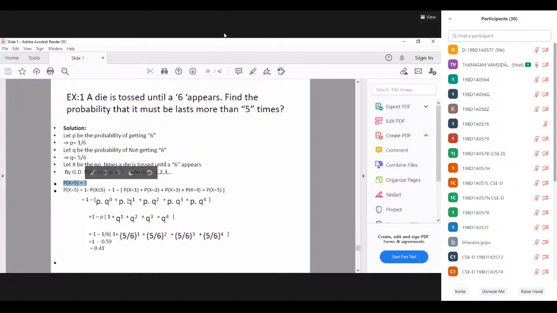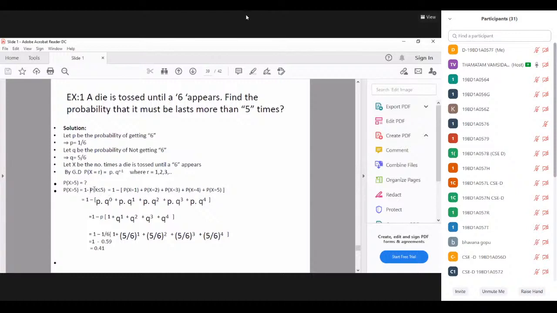Because there is no bound that goes on, and we know that the total probability is 1, we use this logic: 1 minus the probability of x less than or equal to 5.